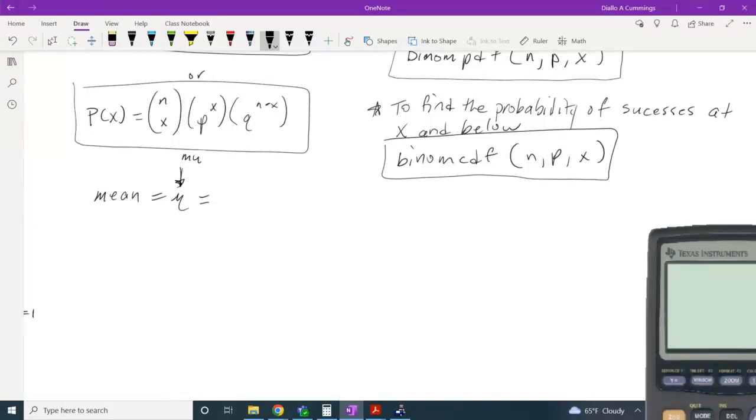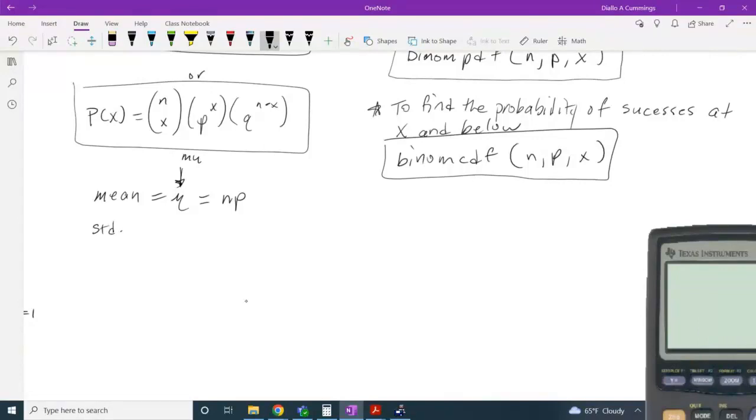That's one of the Greek letters of the alphabet. So mu and mean are exactly the same. The formula for mean or for mu is n times p. Right, so it's not too hard to calculate. You just take n, which is the number of trials, times p, which is the probability of success, and just multiply them.